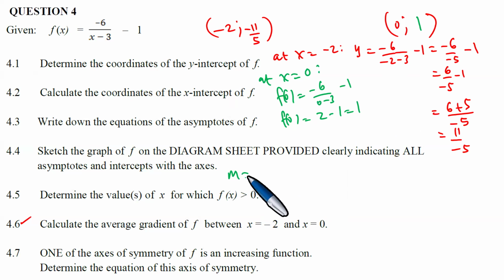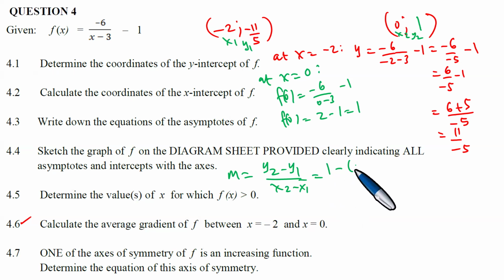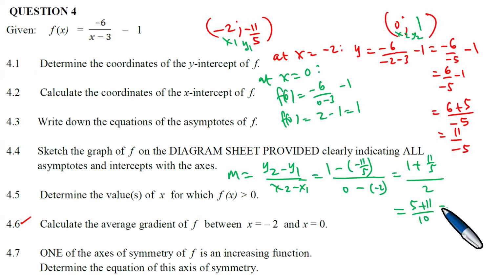What is the average gradient, which is y2 minus y1 over x2 minus x1. So this is x1, y1, and this is x2, y2. And y2 is 1, y1 is -11 over 5, divided by x2, which is 0 minus 2. In which case, it is exactly 2, and you have 1 plus 11 out of 5. And this is 5 plus 11 out of 10, and therefore it is exactly 16 out of 10.